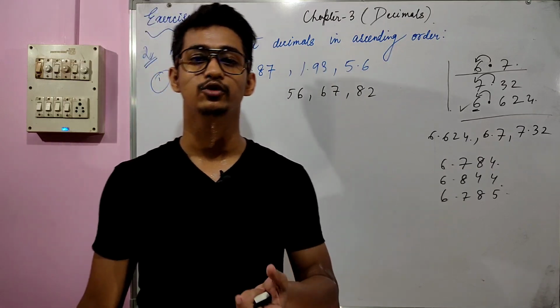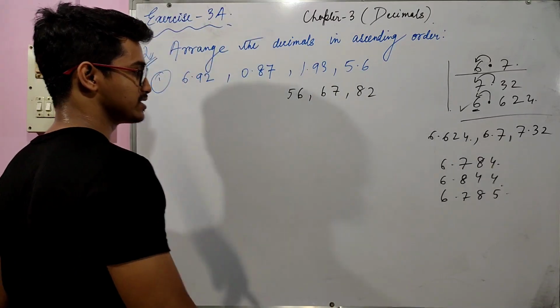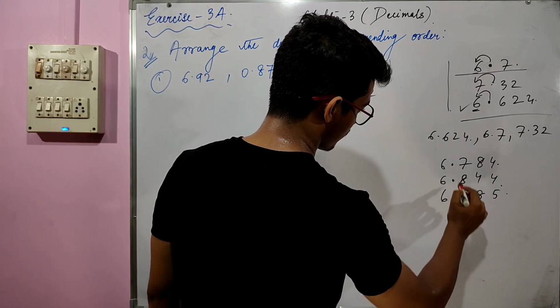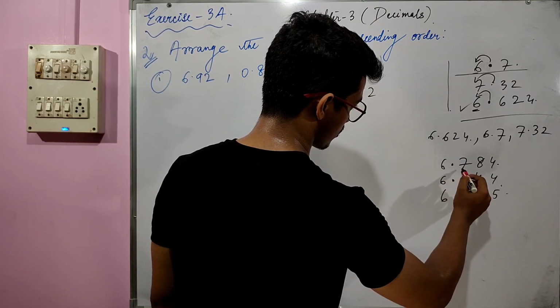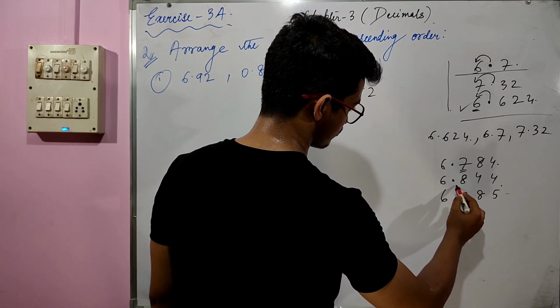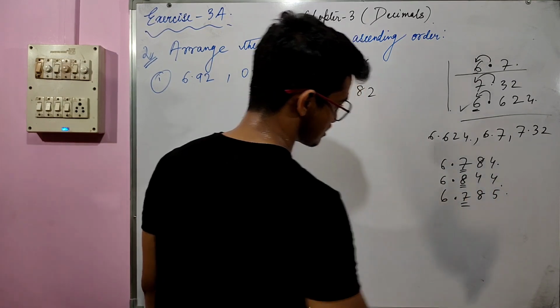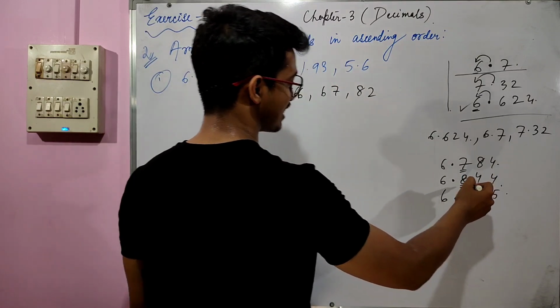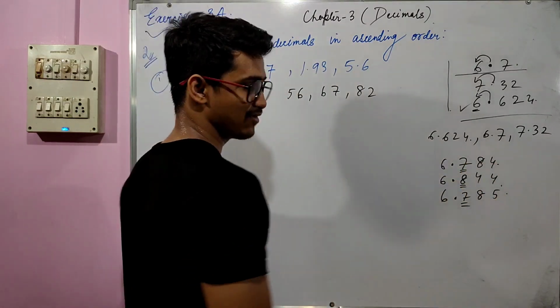So after point we have to deal with it. First of all, let's find out what is the after point number. In the first number, what is the after point number? That is 7. In the second number, that is 8, and in the last, there is 7. So in that case, we will easily find out that 6.8, because 8 is greater than 7, we know that.